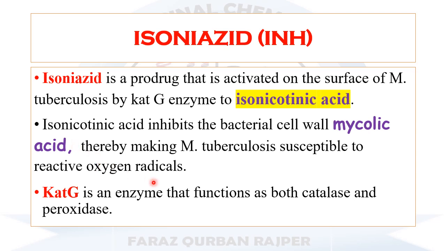And as mycolic acid synthesis is inhibited, its sensitivity towards reactive oxygen radicals is enhanced, because the KatG enzyme has a role to act as a catalase and a peroxidase. As mycolic acid synthesis is inhibited, the reaction towards oxygen radicals and oxidation is enhanced, and that's why the cell wall is now denatured.